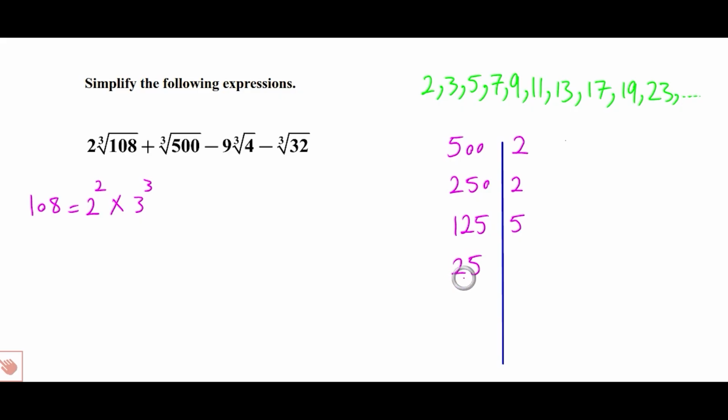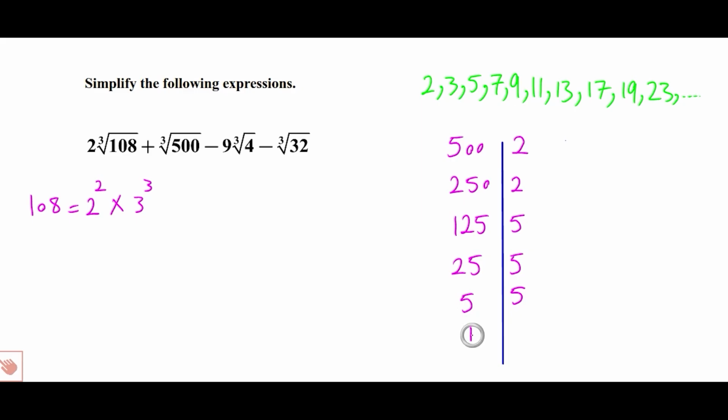And we see 25 is divisible by 5. So we write 5 and we divide 25 by 5 is equal 5. And 5 is divisible by 5. So we write 5 and if we divide 5 by 5 is equal 1.